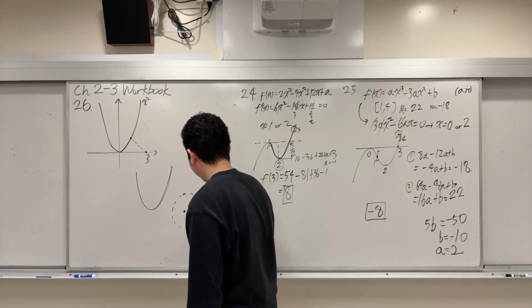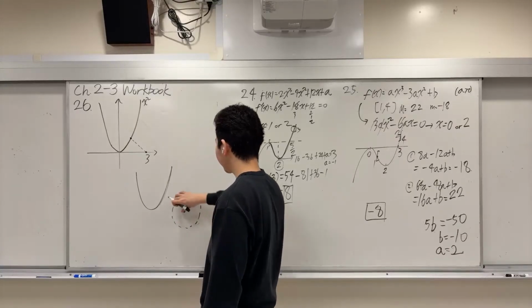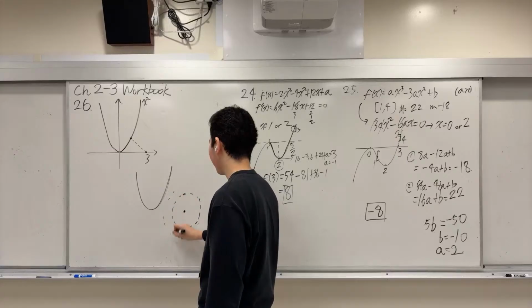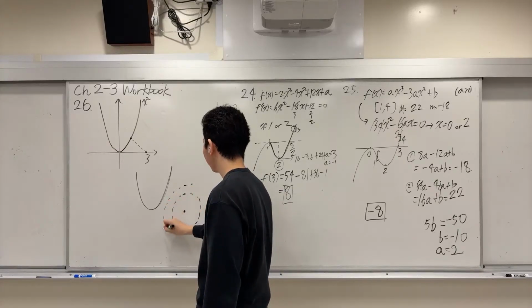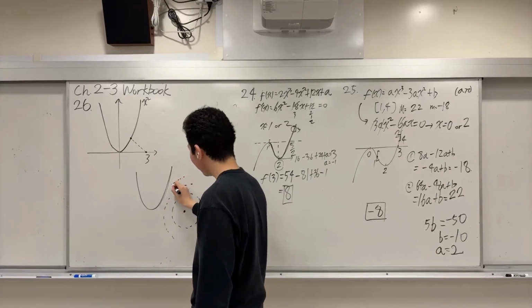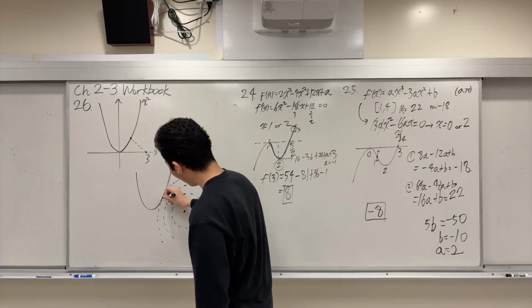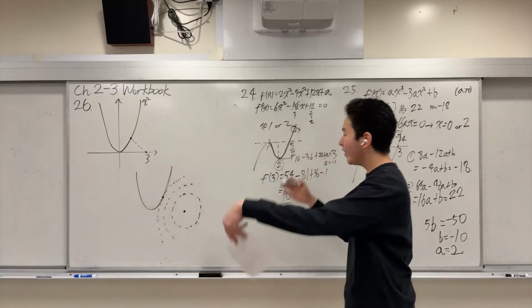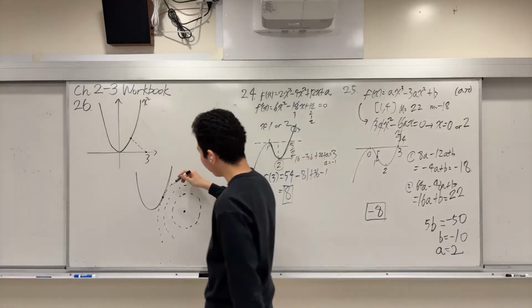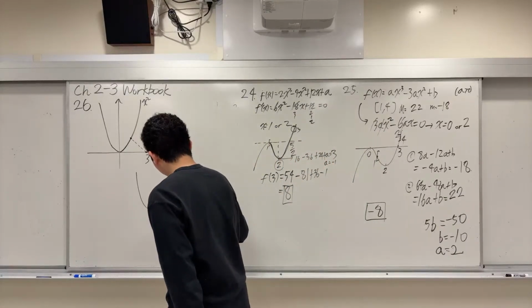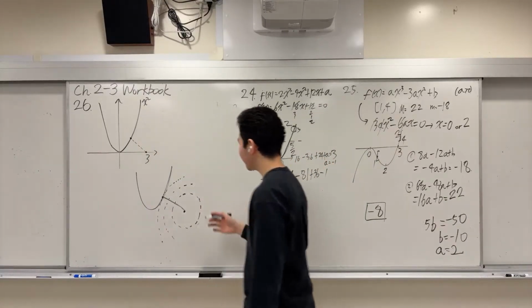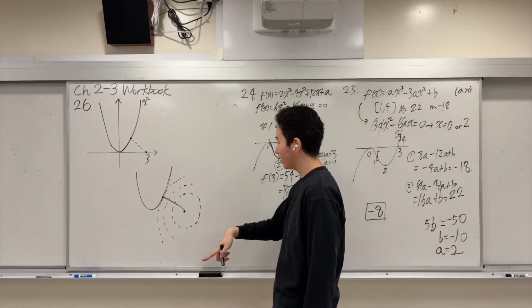As I increase its radius, that circle is going to get bigger and bigger until the circle touches one single point on the parabola. So when the circle is tangent to that curve, that's going to be our minimum radius, aka our minimum distance from these 2 points, right?